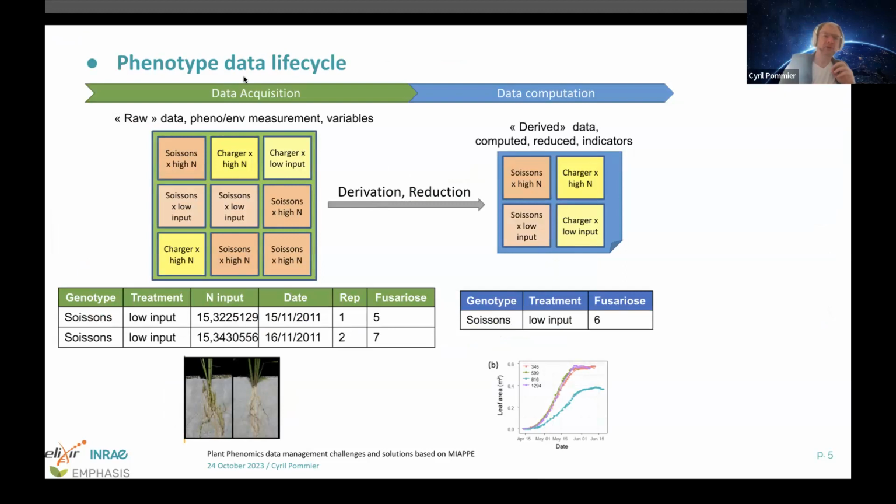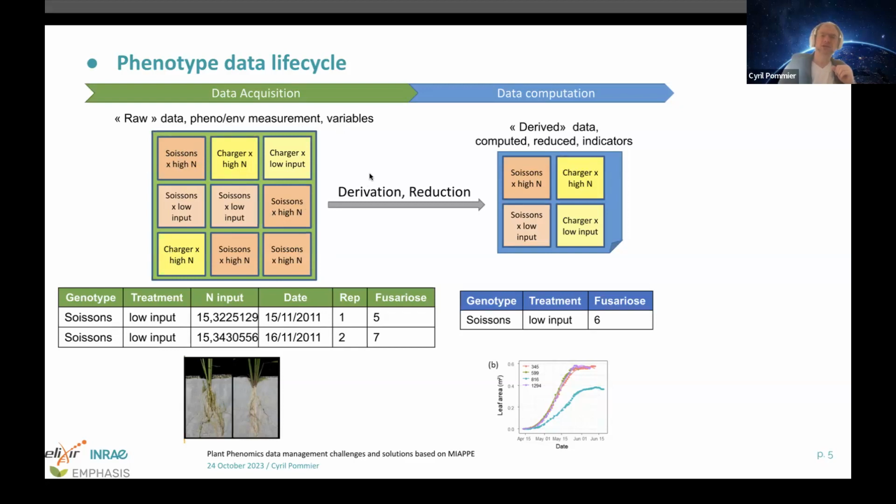It starts with a first step of data acquisition of raw data, with phenotype and environment measurements and variables. Here we see a field with microplots where certain varieties, Soissons and Chargeur, are studied with different cultural practices, high or low nitrogen input, for instance.